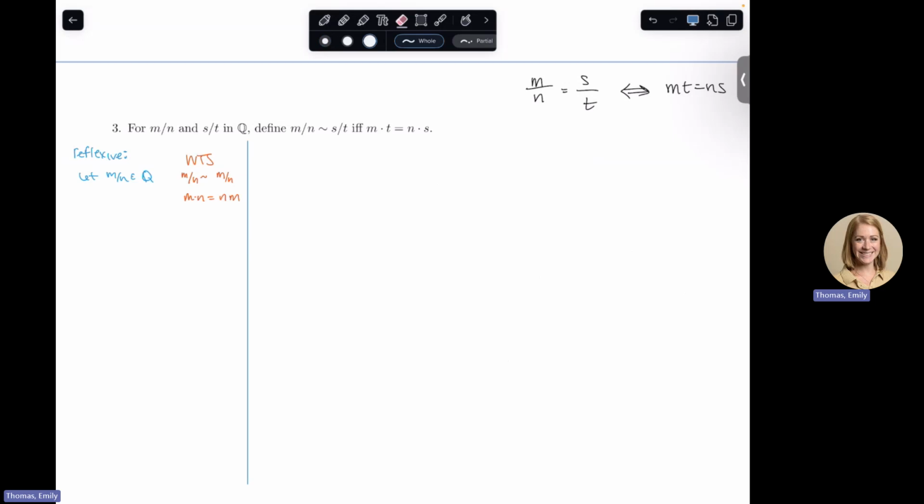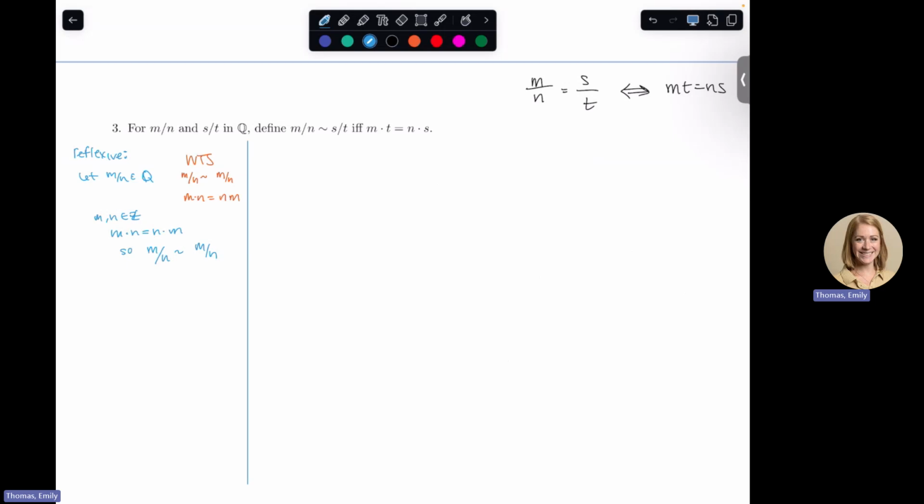Is that true? Yes, M and N are integers, so M times N is the same as N times M. So M over N is related to M over N, sorry, my bad.